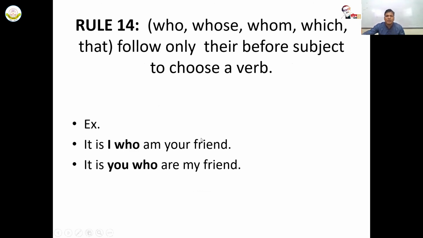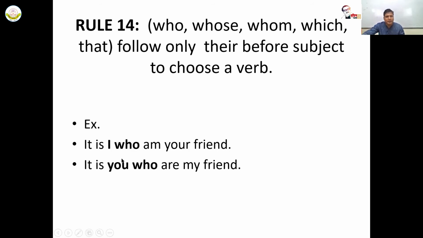So the verb 'am' doesn't follow 'friend'. It follows the subject before it, 'I'. Like that, it is you who are my friend. The verb follows the subject before 'who', that means 'you'.